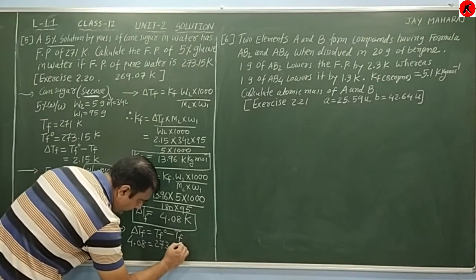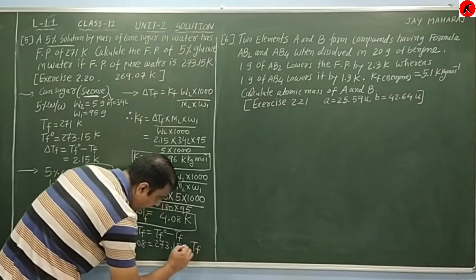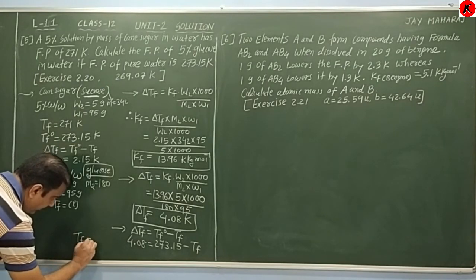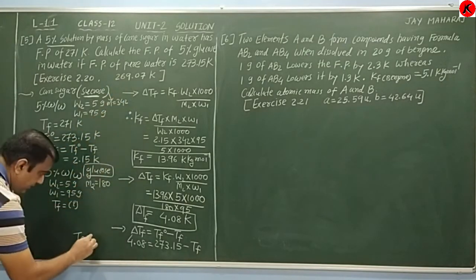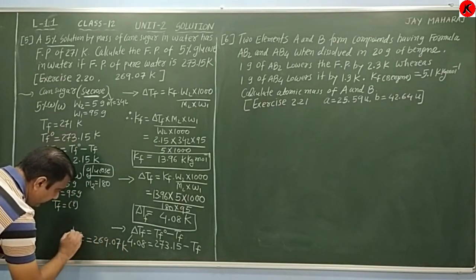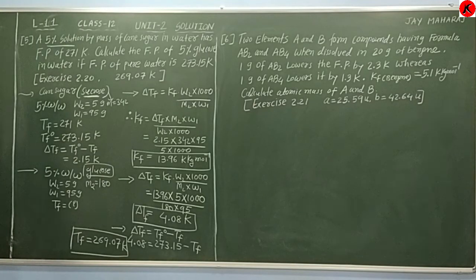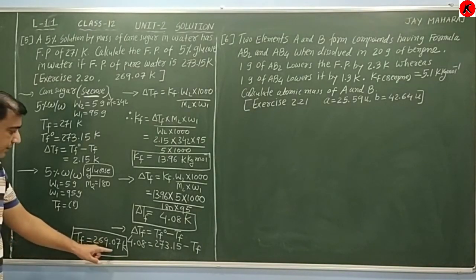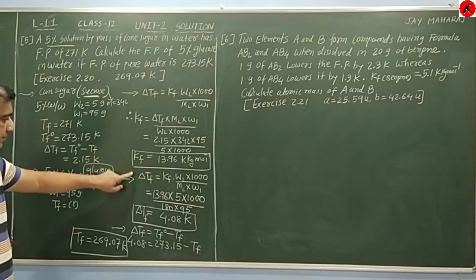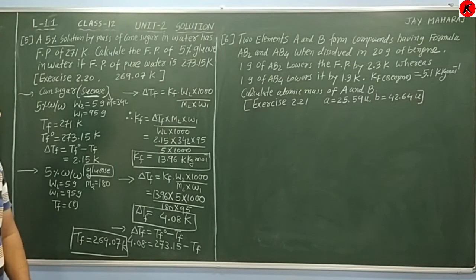That means 273.15 minus TF. When this is simplified, TF will be 269.07 Kelvin. So this will be the answer. That means the freezing point of 5% glucose solution is 269.07 Kelvin. First calculate KF, then delta TF, then TF.